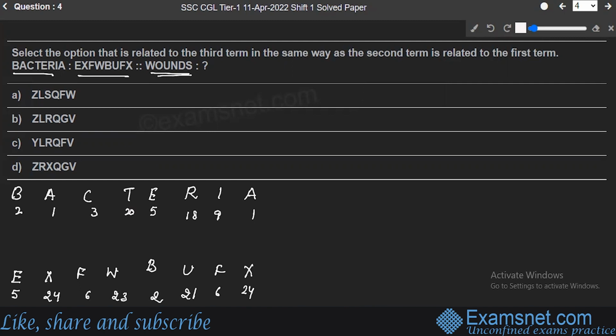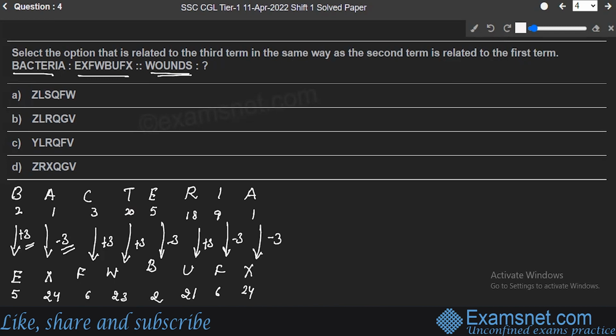Okay, so to get over here, I'm adding 3, subtracting 3, adding 3, adding 3, subtracting, adding, subtracting, and again subtracting. So are you noticing something? When I'm having a consonant alphabet, I'm adding 3. And when I'm having a vowel, I'm subtracting 3 from the given alphabet number.